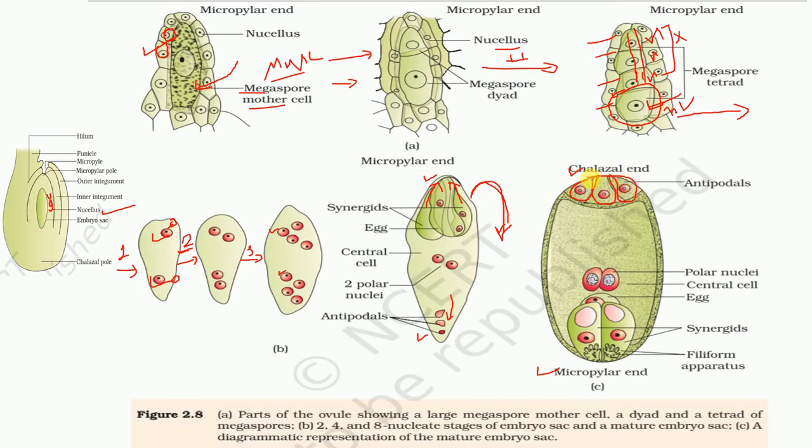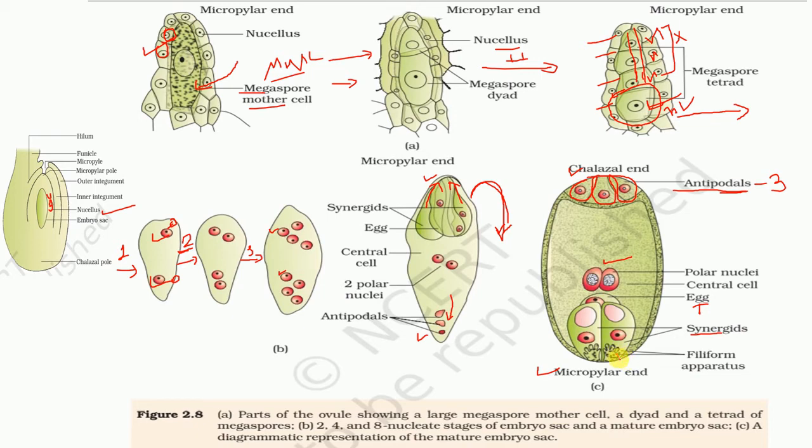You can see here these are the antipodal cells, and they are 3 in number, right? And this is the polar nuclei. It is not forming any cell wall around it. And this is the egg apparatus. The egg apparatus is formed by the egg cell plus synergids. Now the synergid has a very beautiful function. It works as an indicator.